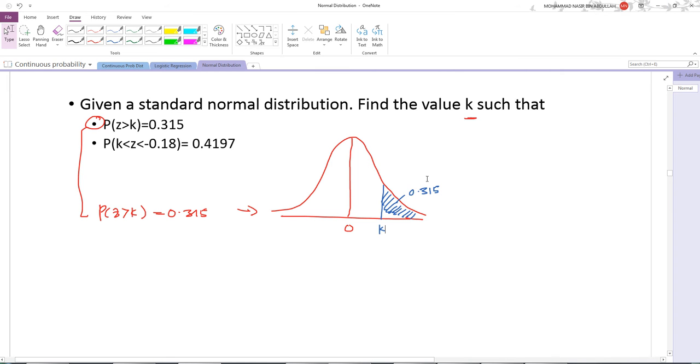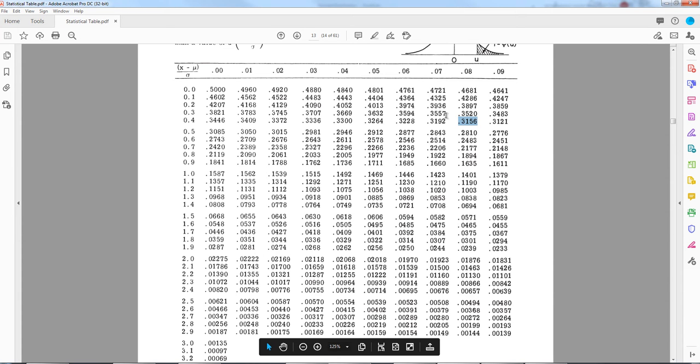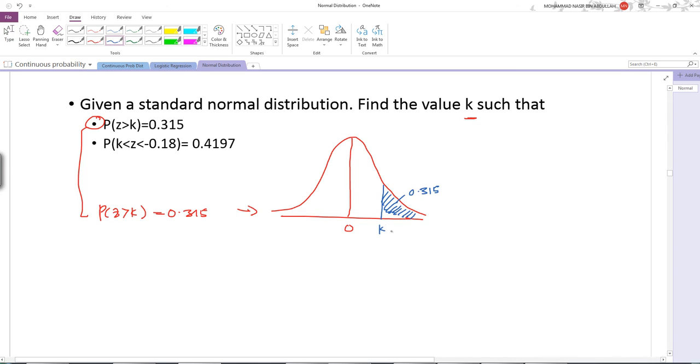So I repeat once more. We want to find this value, the value of k. The area to the right of k is 0.315. So we look at the table for the value nearest or closest to 0.315. The closest is 0.3156. So K should be 0.48. Do you understand the concept?